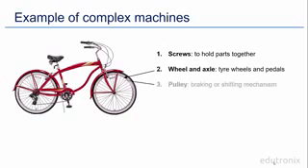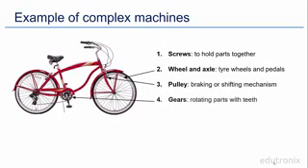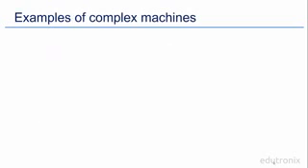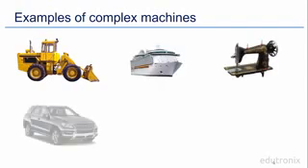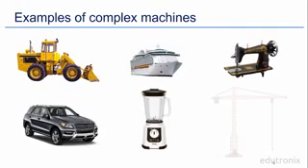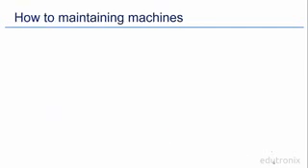We also have a pulley system that is used in the braking mechanism of the bicycle. We also have gears which have rotating teeth to keep the chain of the bicycle moving when it is being pedaled. There are several parts of a bicycle for which you can take time to study. Other complex machines include tractors, ships, sewing machines, cars, blenders, cranes, etc.